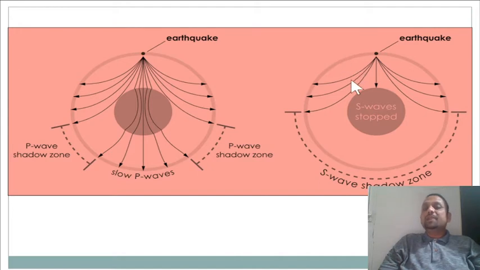In between there is a mantle, which is made up of semi-liquid material, and the core is made up of solid material again. Due to this assumption, we can say these secondary waves cannot pass through the solid material, and this is the biggest shadow zone of secondary waves. So this diagram is very important to understand the interior of the Earth with the help of seismic waves.